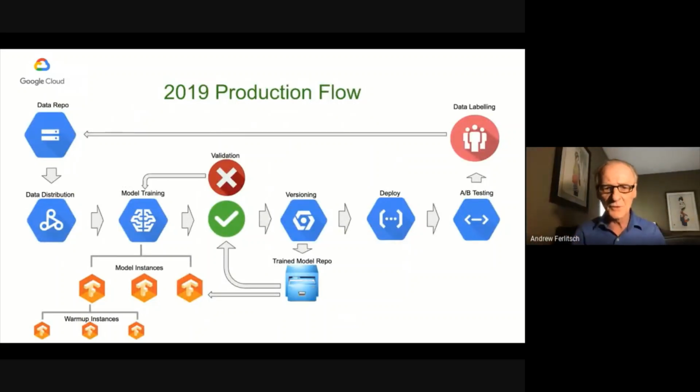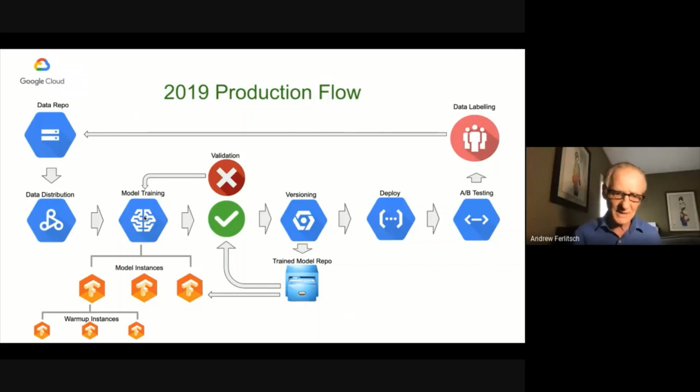So I'm going to give you an overview of what production was like in 2019. You start off with some data that's been labeled. This is your training data, and it's going to go into a repository. Your data engineers are going to have a data distribution method, a way of preparing the data and feeding it just in time for model training.